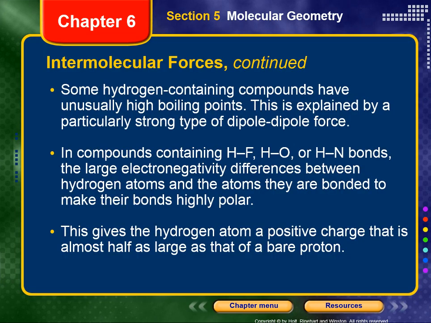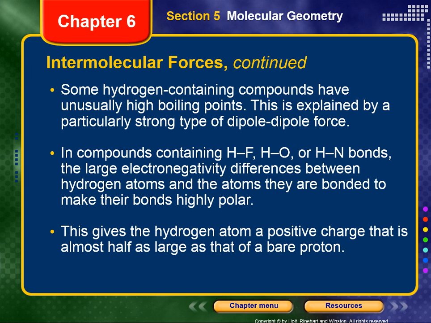Hydrogen bonding. Some hydrogen-containing compounds such as hydrogen fluoride, HF, water, H2O, and ammonia, NH3, have unusually high boiling points. This is explained by the presence of a particularly strong type of dipole-dipole force.